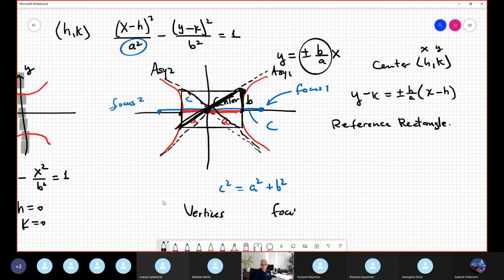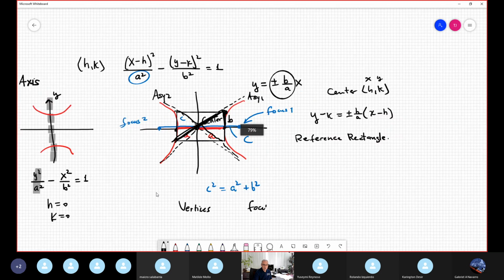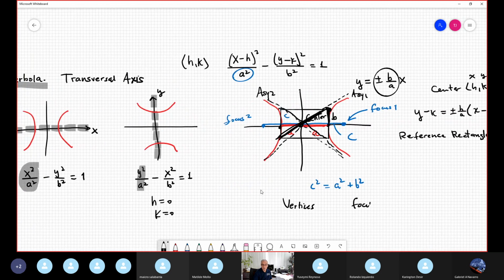Now, what about the other kind of hyperbola, when the transversal axis is on the y-axis? It's similar. The only difference is that this is a. c is here, the focus here, c. And the reference rectangle is like that.